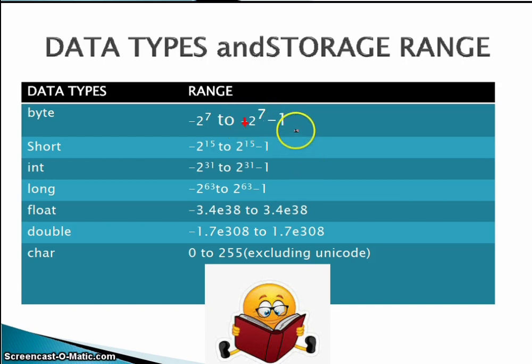That means from -128 to +127. That means I can store any number from -128 to 127 in the data type byte. In a similar way, the ranges of all these data types are given here. We can store accordingly.